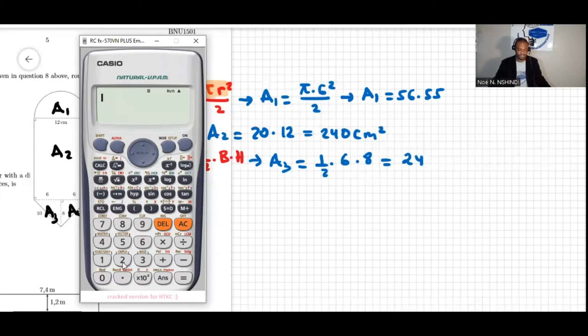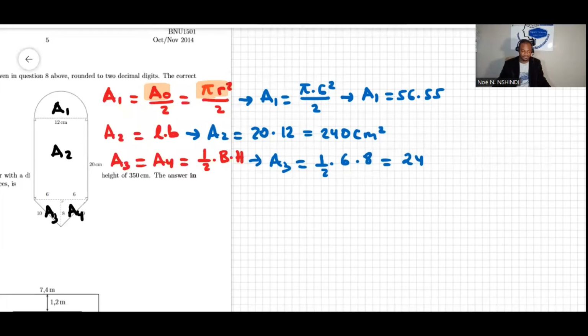If you do 20 times 12, we get 240. And then over here, a half times 6 times 8, we can check that in the calculator. That's going to be a half times 6 times 8, and this is equal to 24. So now let's work it out.